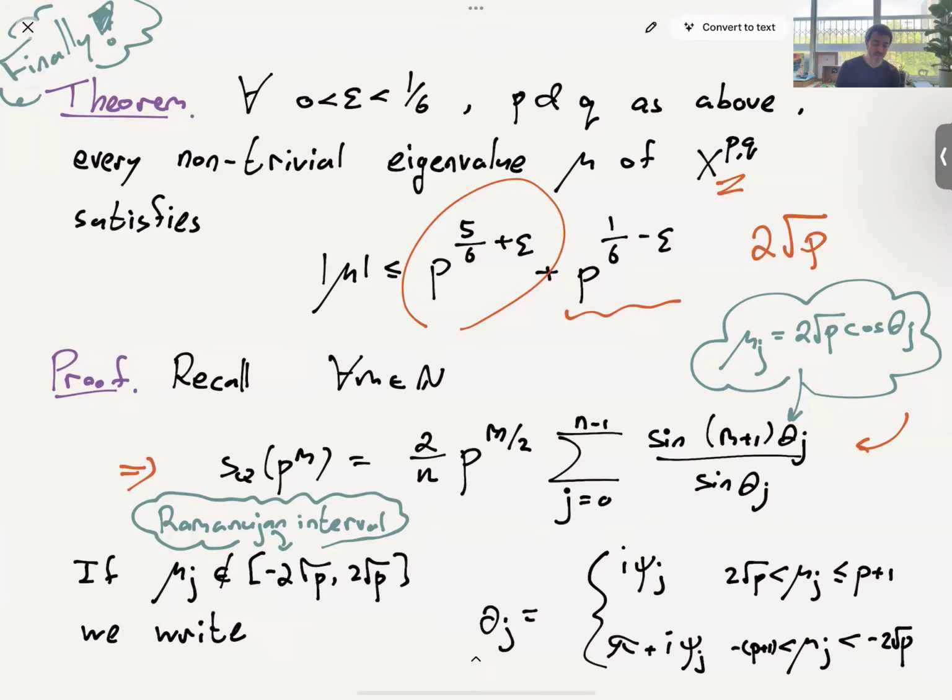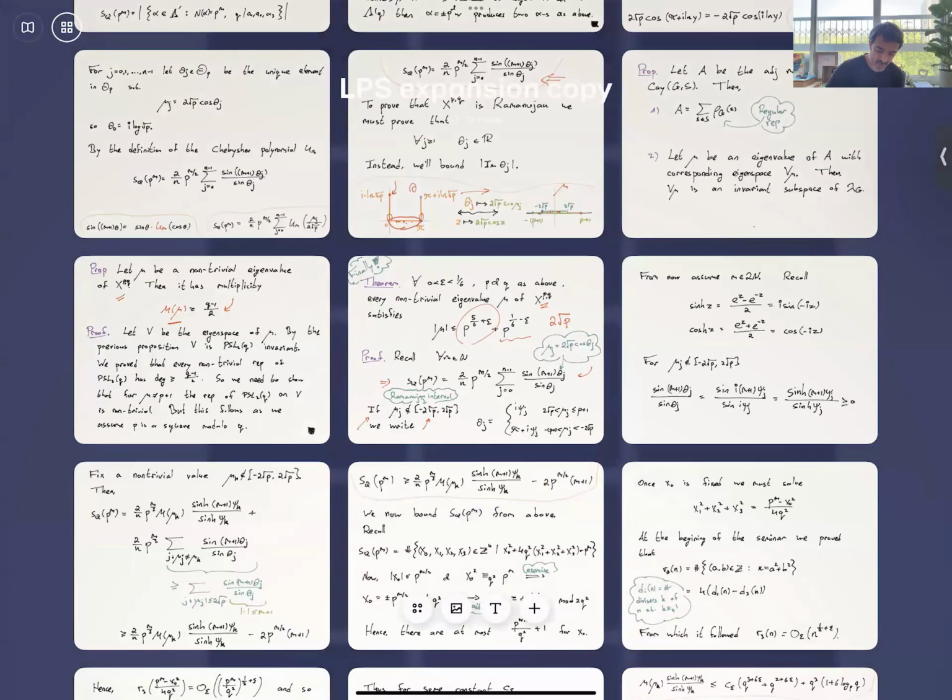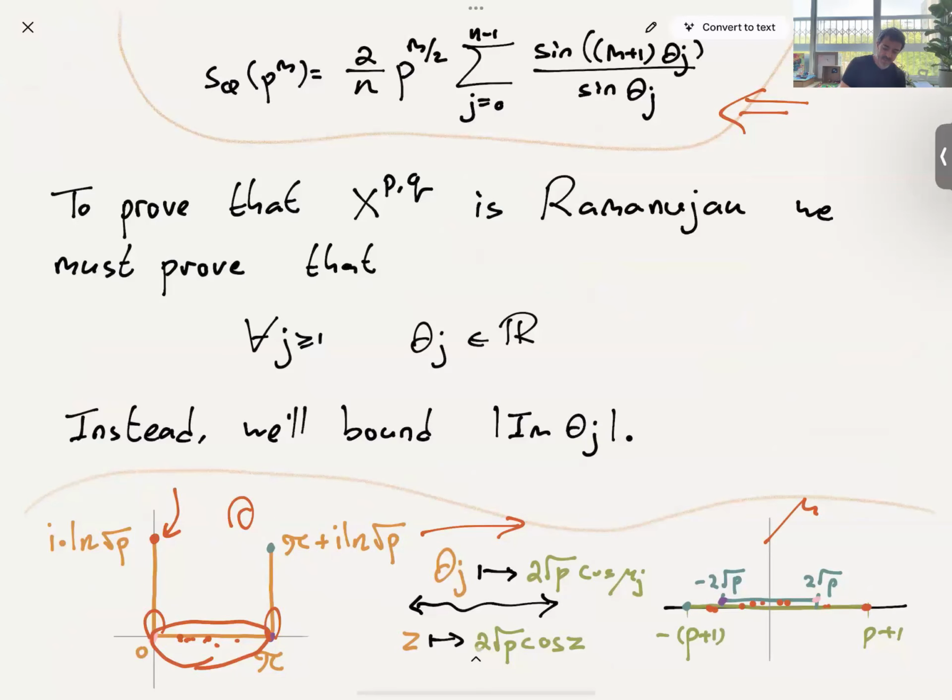And now, by a kind of contradiction, or not really contradiction, if you have some non-trivial eigenvalue which doesn't sit in the Ramanujan interval, it has a complex part, an imaginary part, right? It's in this picture. It doesn't sit here, it sits somewhere either here or here. So it has a non-trivial imaginary part.